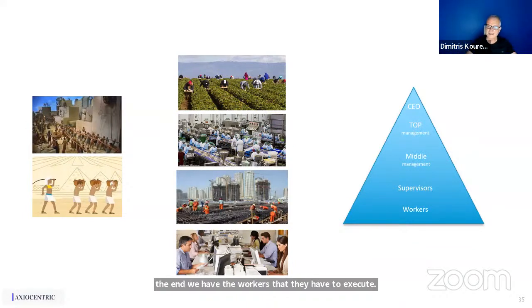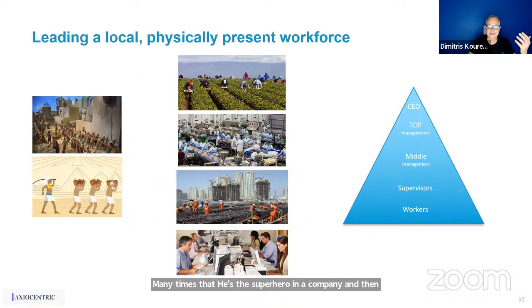That's still in our DNA many, many times. So you see the CEO many times that is the superhero in a company, and then you expect actually to transform companies.